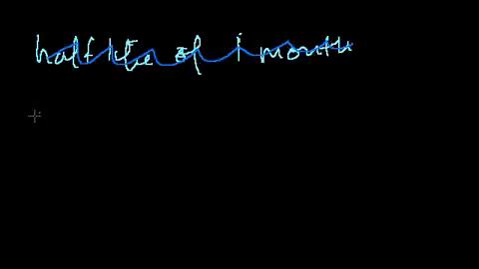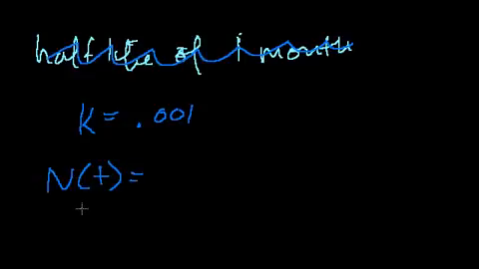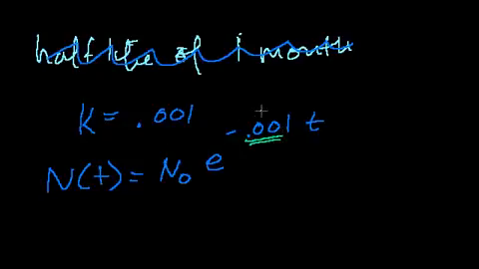You can go from half-life to a k value; we did that in the previous video. Let's say my k value is equal to 0.001. So my general formula is the amount of product I have is equal to the amount that I started with times e to the minus 0.001 times t. I gave you this; if you had to figure it out from half-life, I did that in the previous video with carbon 14.